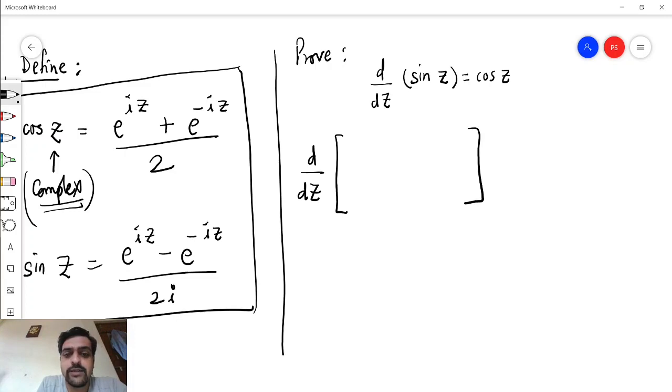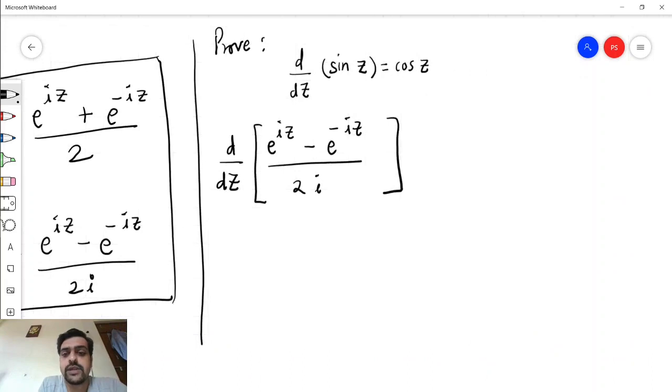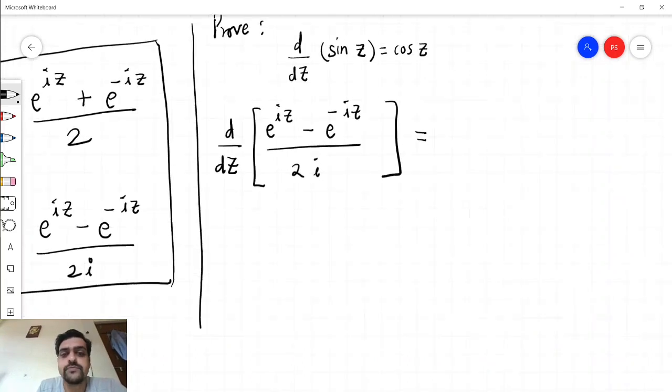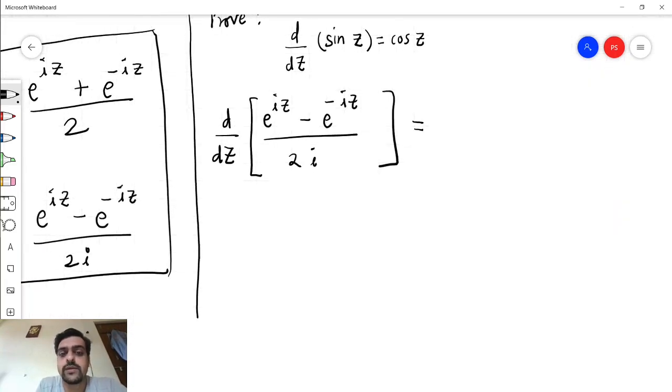So sin z can be written as e raised to iz minus e raised to minus iz, whole divided by 2i, which is equal to 1 upon 2i, which is a constant, so it comes outside the derivative, and then we are going to differentiate these two.